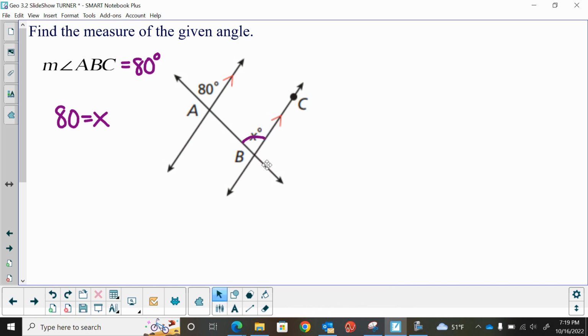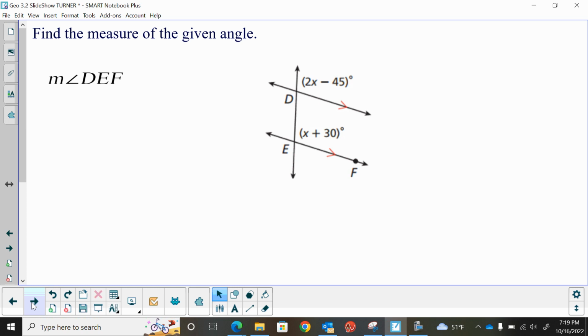If you think about the parallel lines and this intersection, it is an exact copy from one to the other. If you imagine literally cutting this out and going up here, you're going to get the exact same angles. So that's why they're both 80 degrees.